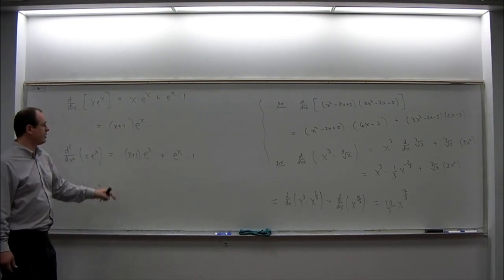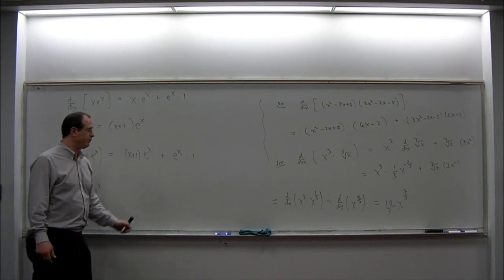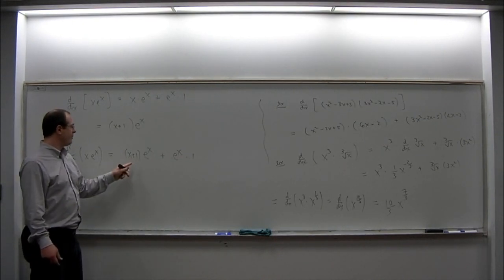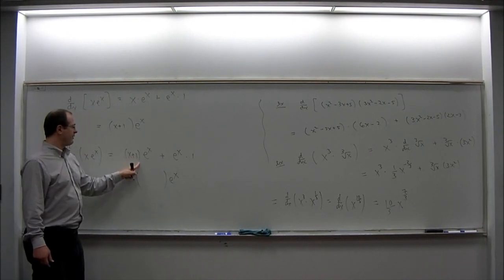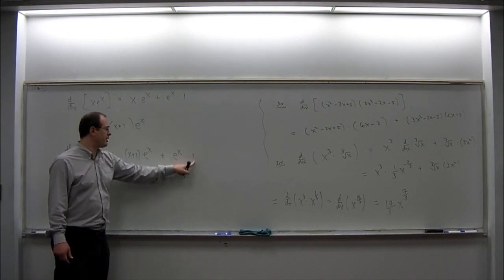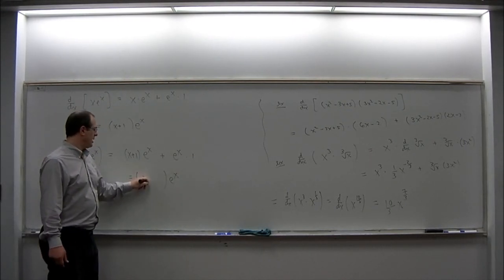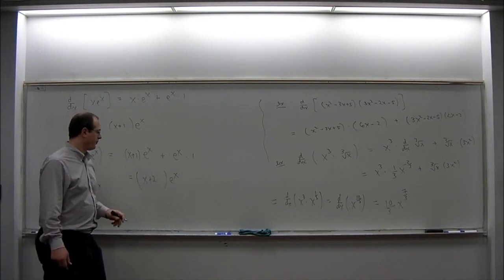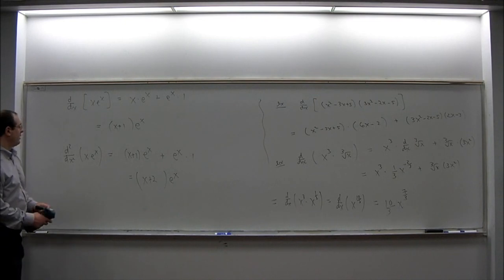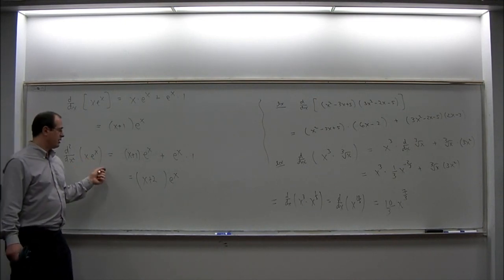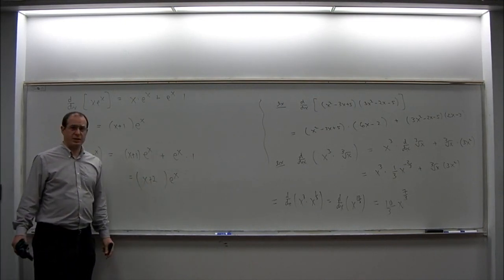The derivative of x plus 1 is 1 again. And then we can factor out the e to the x. And what do we have left? x plus 1 plus 1 is x plus 2. So the second derivative of x e to the x is x plus 2 times e to the x.